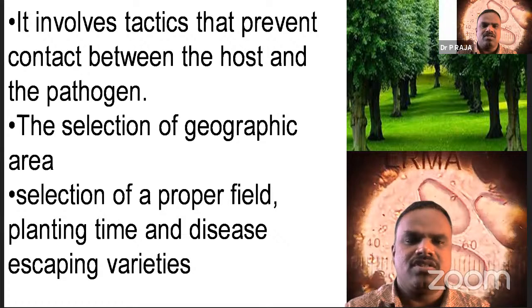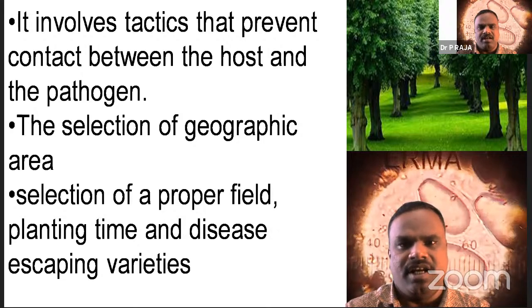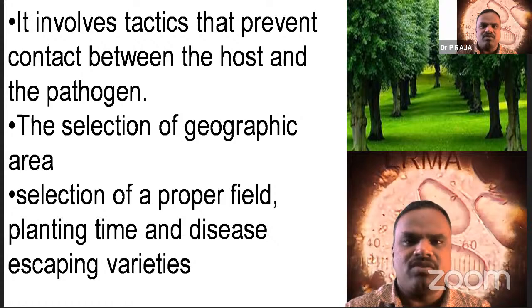The second one is selection of geographic area. Some pathogens are more prevalent in one certain geographical area, and that pathogen will not move or attack in another geographical area.